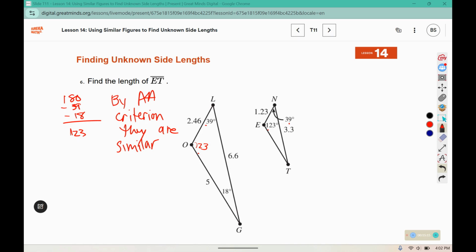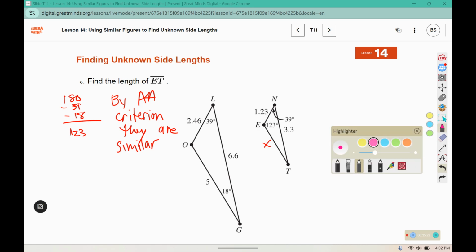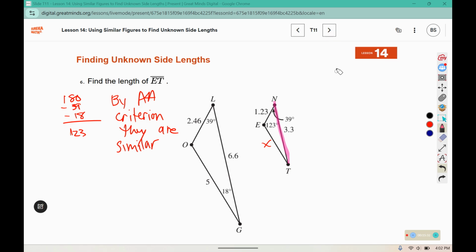So now I can solve for ET. Let's label that side here with X. I have a side length that is 3.3 to pair with a side length that is 6.6.